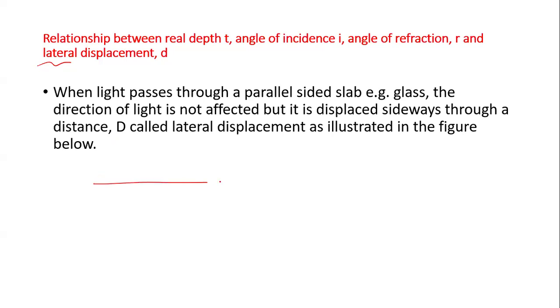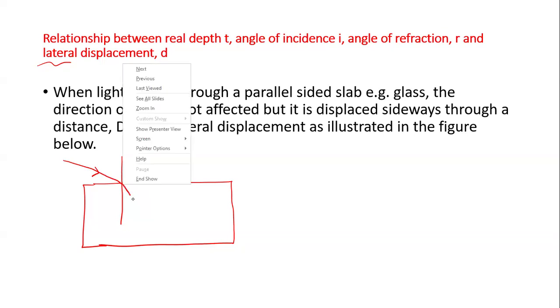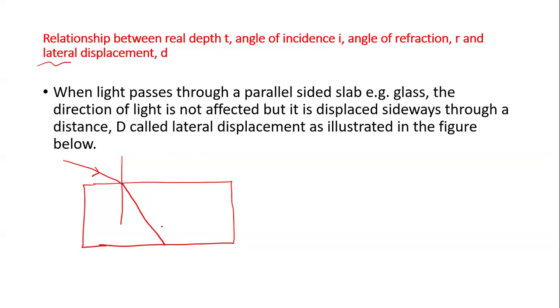So when light is moving, take an example. If this is our glass prism, and I have a ray of light that is incident, say this is my ray of light. Since the glass has a different refractive index from air, the moment it reaches inside, light is going to get refracted. And once it reaches this surface, since there is another material, it will get refracted.